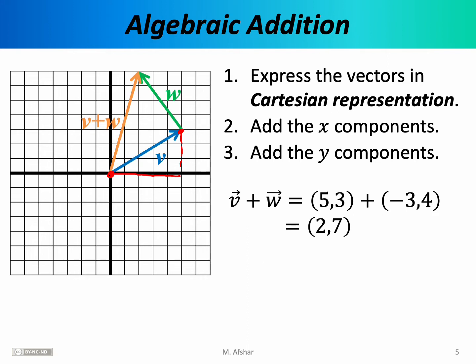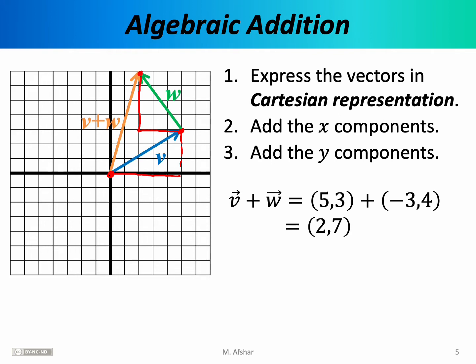And for vector w, the coordinates are -3 and 4. So to get from this point to this point, I will have to go 3 steps in the negative x direction and 4 steps in the positive y direction, hence -3, 4.